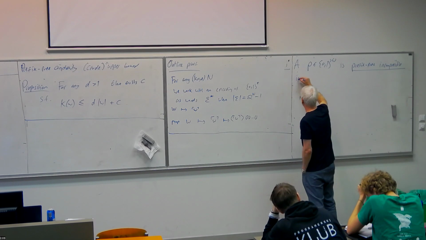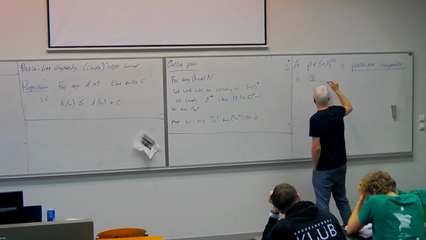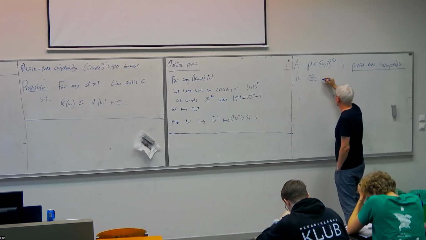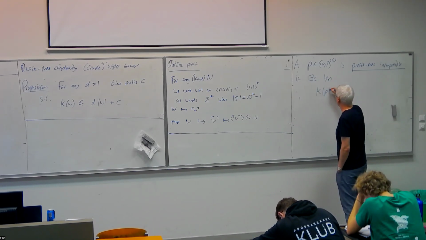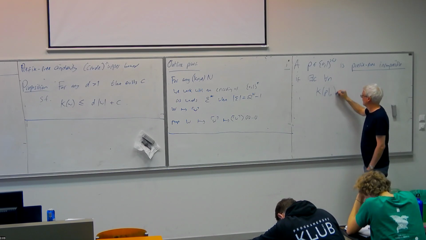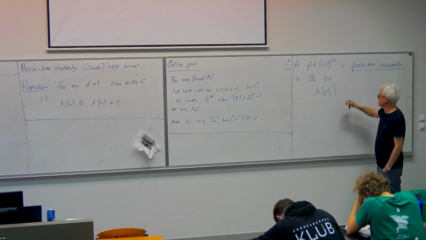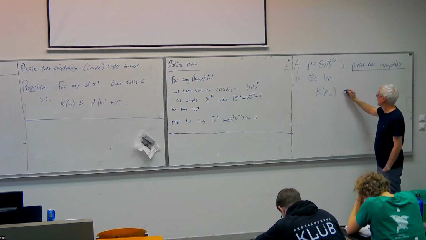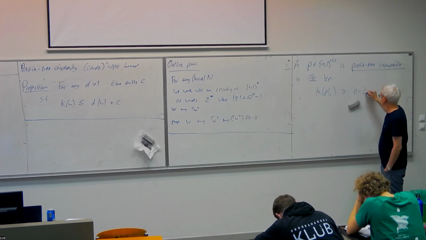So here, this is a c, such that for all n, the prefix-free complexity of the n-length prefix of p is at least n minus c.